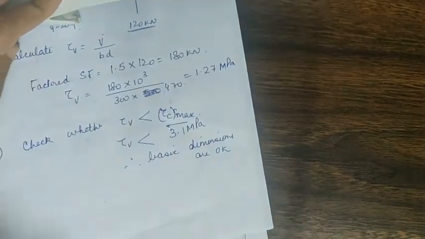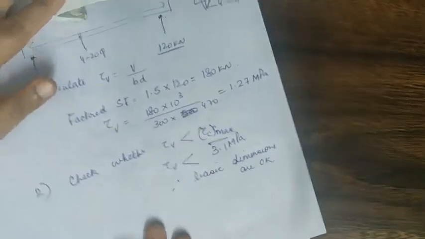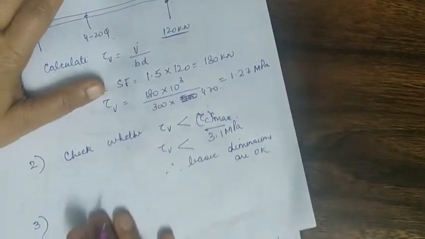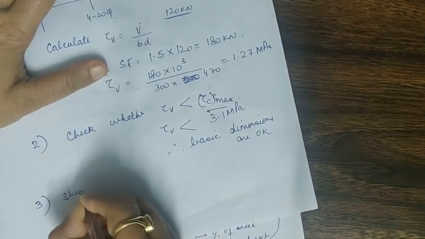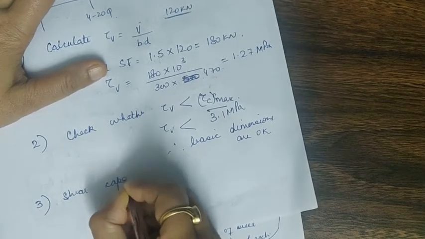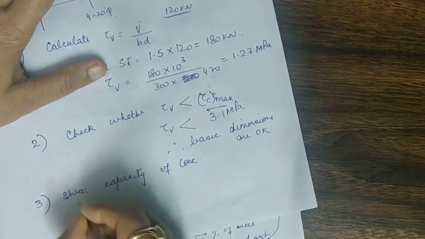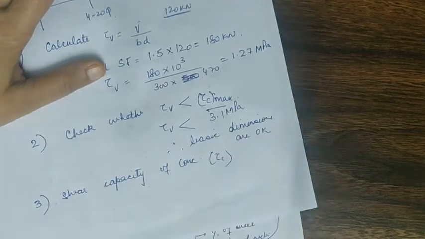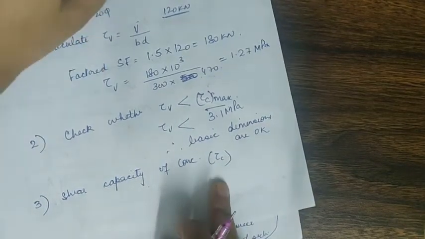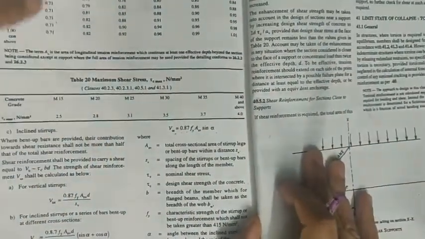Okay. The next step is to find the shear capacity of the section, the shear capacity of concrete, that is tau C. How do we get this tau C? We get it from table 19.